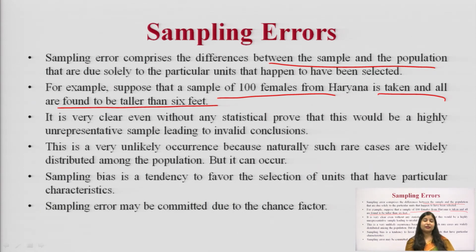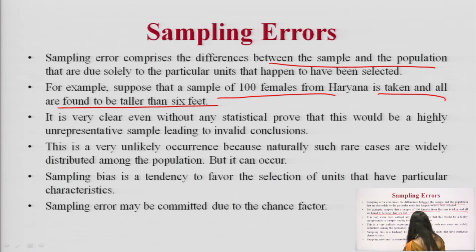So if you collect a sample which is not ideal for the population, it is not truly representative. With a clothing brand, people mostly focus on normal, average height of women, but this is above average height. So it is not a classic representation of your population. If your sample is not truly representing your population, it is your sampling error.